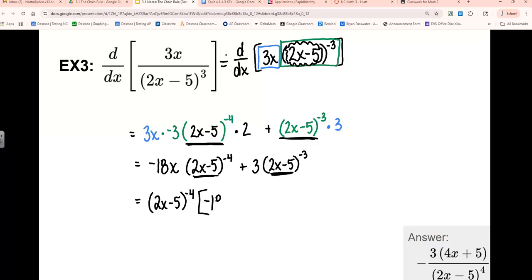I just have negative 18x, because what we're doing is dividing that term by 2x minus 5 to the negative 4, and it just cancels out. Over here, we're dividing by 2x minus 5 to the negative 4. What am I going to get for that one?